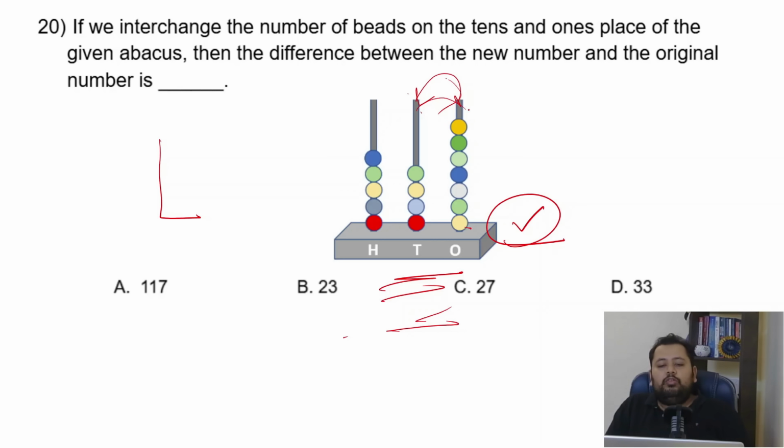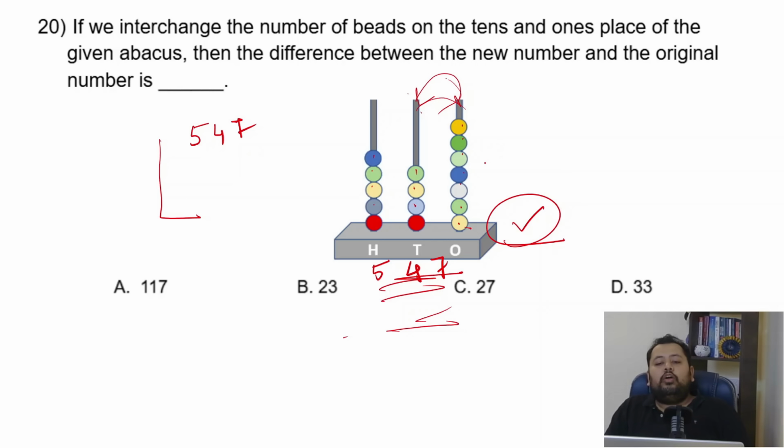Great, easy one. So, what is the number? Let's first find out this number. This is 1, 2, 3, 4, 5. This is 1, 2, 3, 4. And this is 1, 2, 3, 4, 5, 6, 7. Right? It's 7. So the number is nothing but 547. Correct. Now what is it asking?